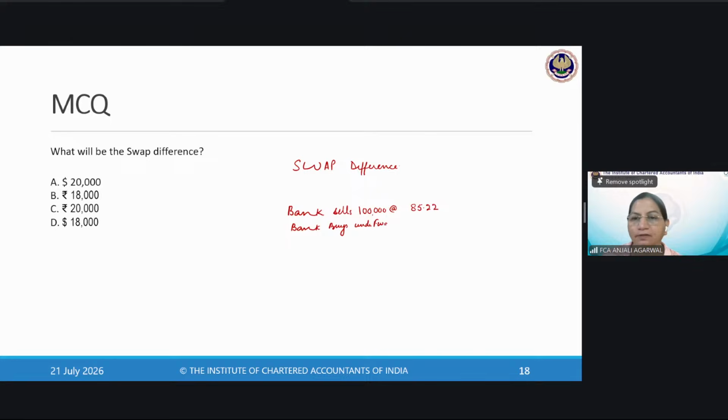Forward contract at 85.4. So the swap difference is: the bank is selling at 85.22 and buying at 85.42. There is a loss of 0.20 to the bank, multiplied by 100,000.